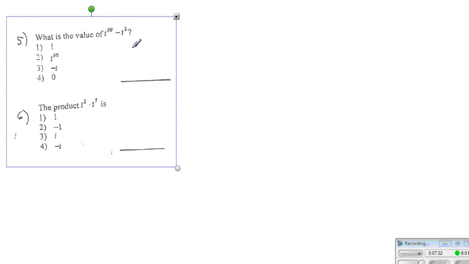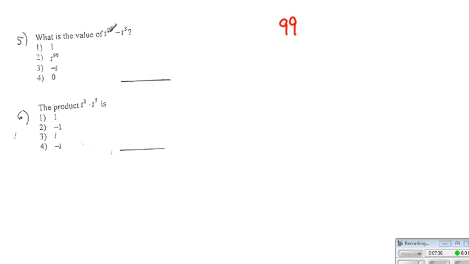Number 5. If you divide 99, which is the exponent of the first one, by 4, through long division you get 24, because 4 times 24 is 96, and the remainder is 3.